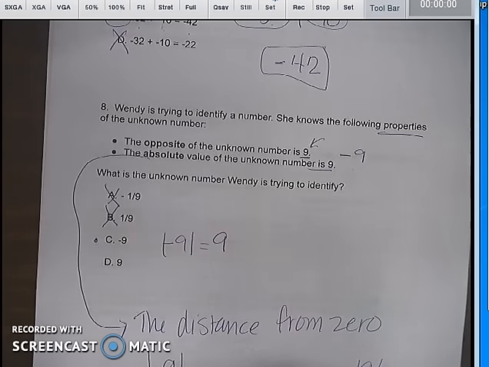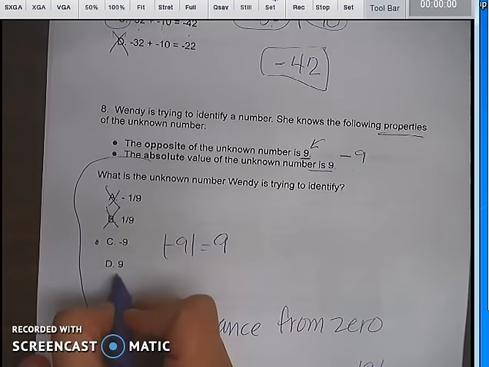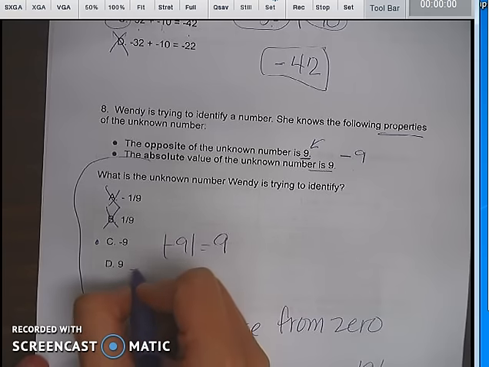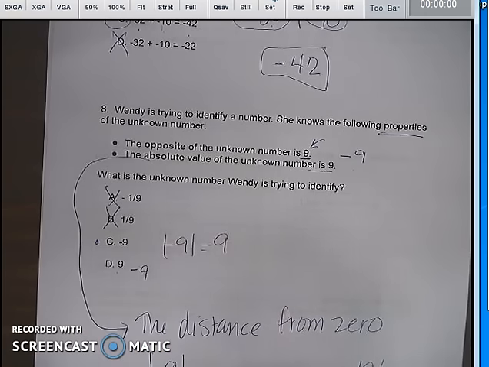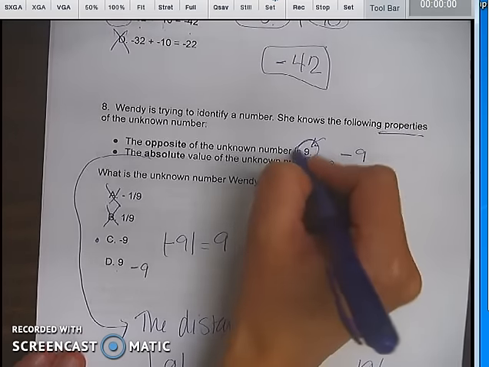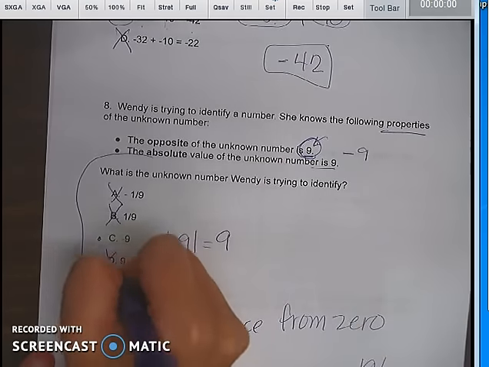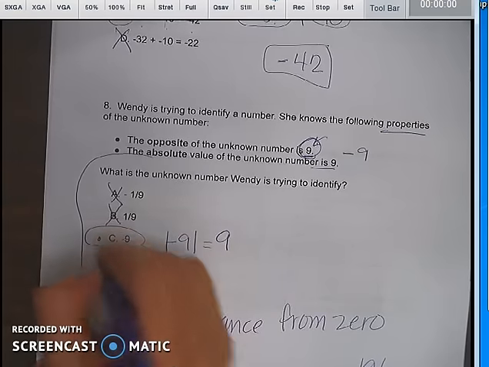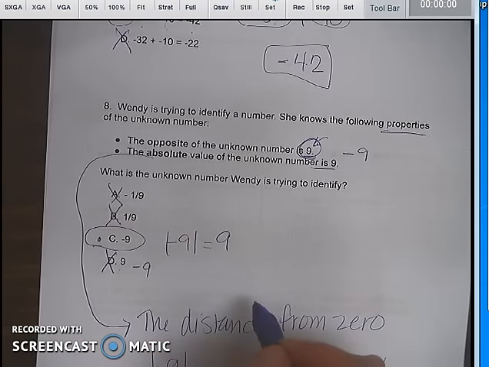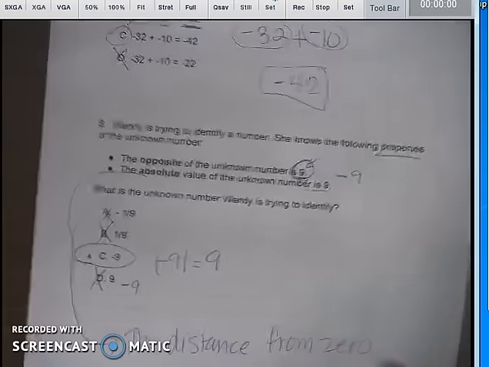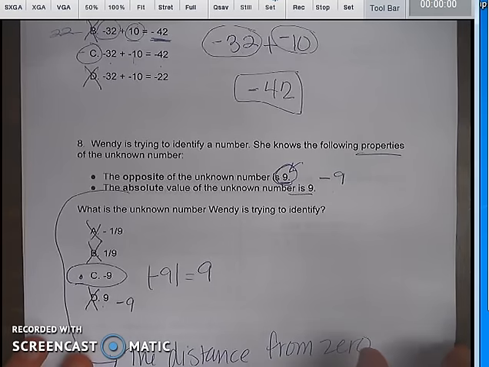So this fits both of those characteristics, because the opposite of 9 would be negative 9, but I'm looking for the opposite as 9. That right there is kind of tricky. It's kind of tricky in how it's worded. It's kind of tricky in how you have to solve it. Okay, so pay close attention to what you're doing. Okay, 2 more problems.